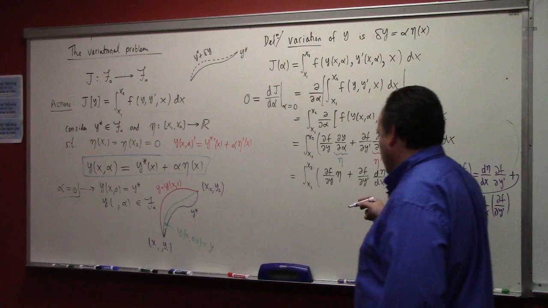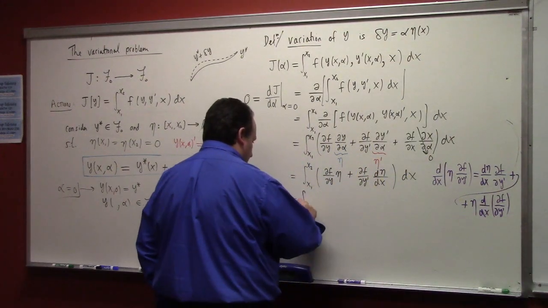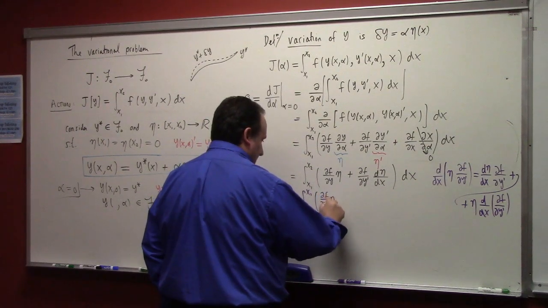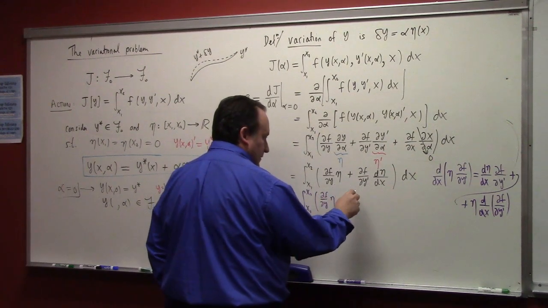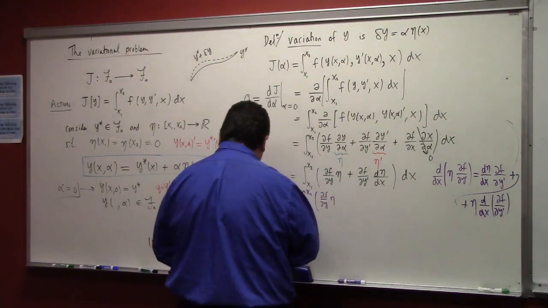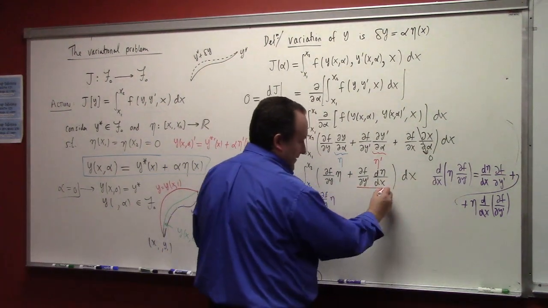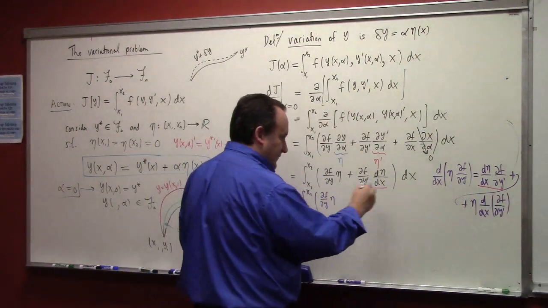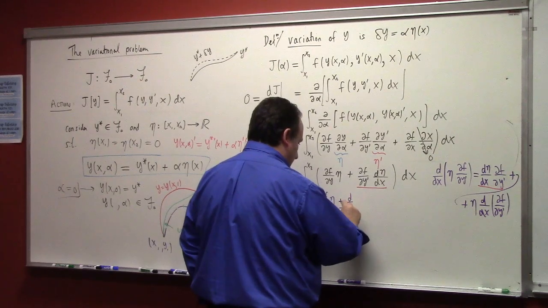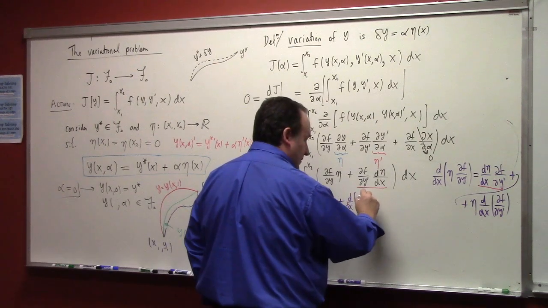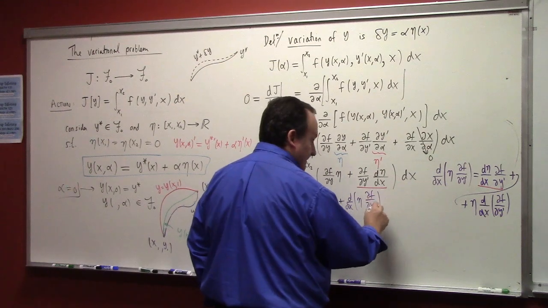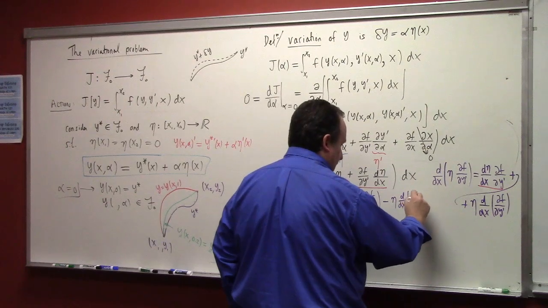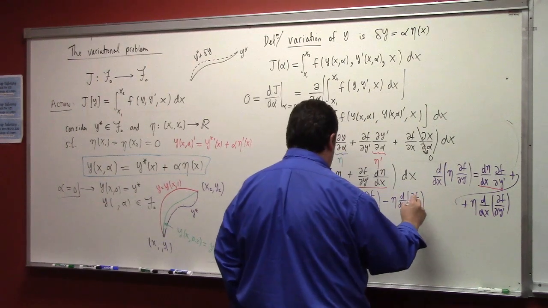So if I use that over here, I've got the integral from x1 to x2 of partial f partial y times eta, and then I want to trade this one for a derivative of eta times partial f partial y prime, minus eta times d dx of partial f partial y prime.